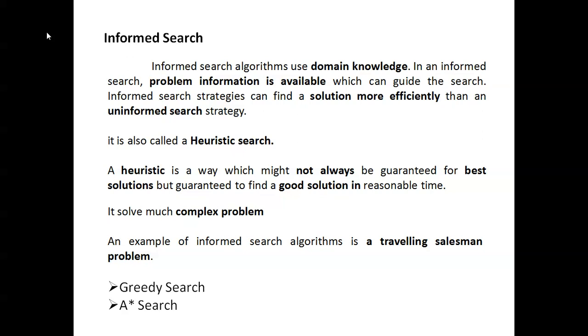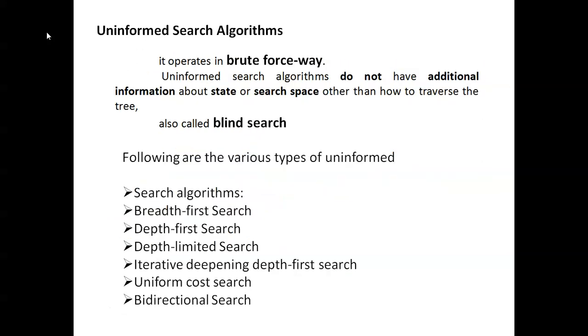Heuristic search will at least give a good solution, but we can't guarantee we will get the best solution. Examples for the traveling salesman problem are greedy search, A star search, and AO star search. These are the types that come under informed search.